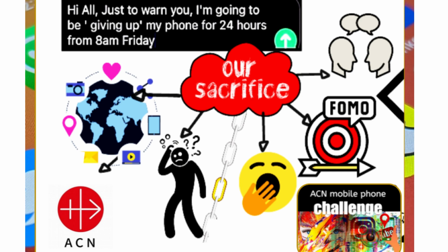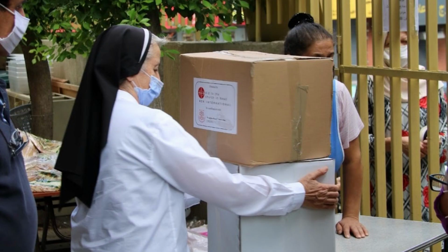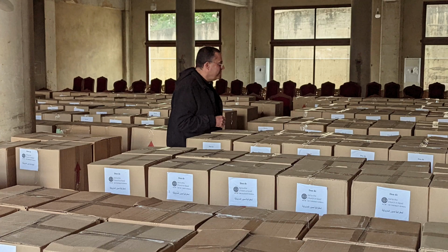In Lebanon, Aid to the Church in Need works hard with the church to support Syrian refugees, those suffering as a result of the economic crisis and the bombings in 2020. Without Aid to the Church in Need's intervention, many people there would have nothing.